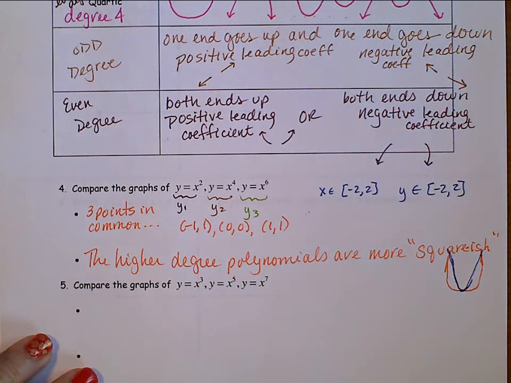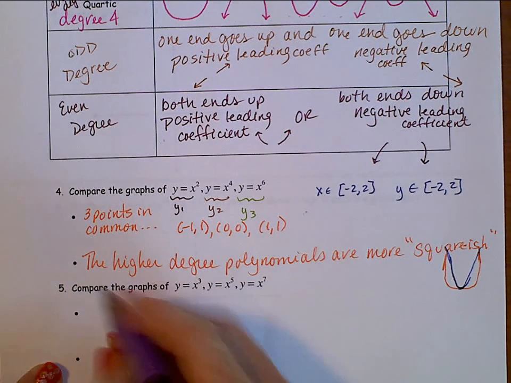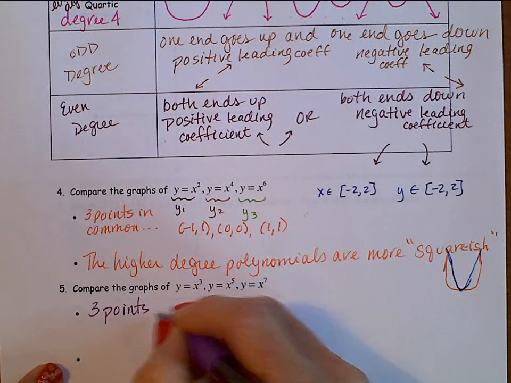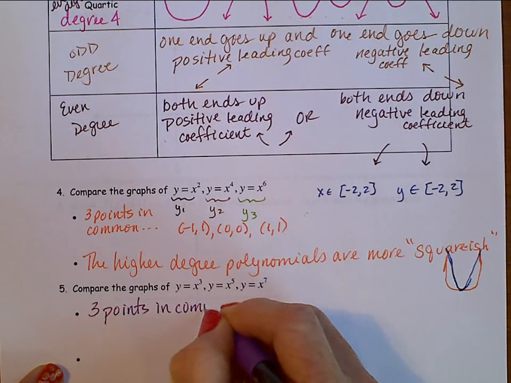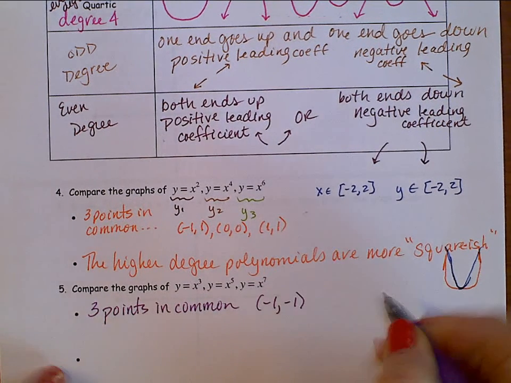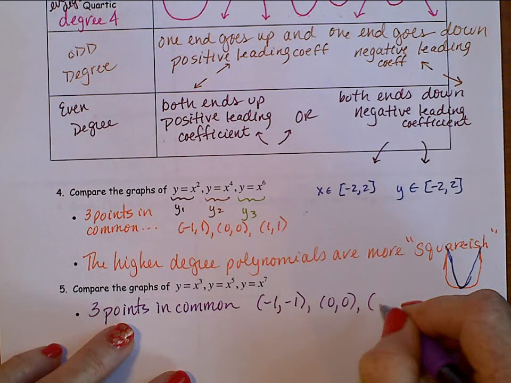Welcome back. I know that you saw when you graphed these three that there are 3 points in common. They are -1, -1, 0, 0, and 1, 1.